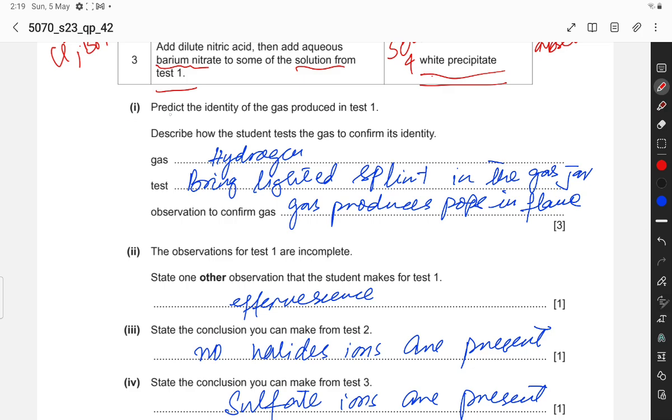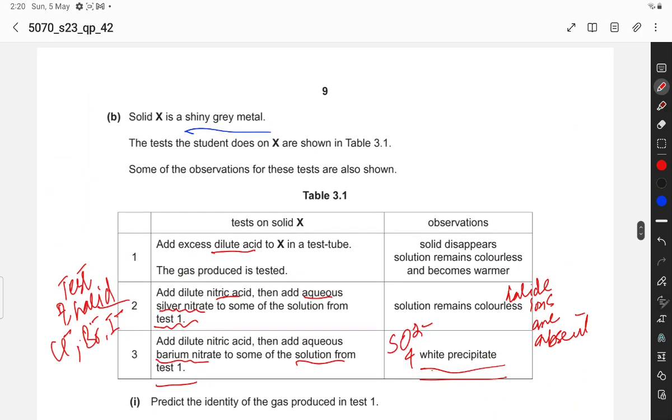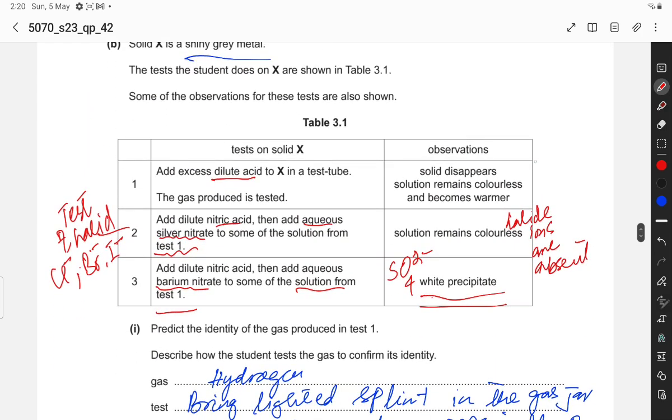Part 1, predict the identity of the gas produced in test 1. Describe how the student tests the gas to confirm its identity. Hydrogen gas. This is a redox reaction, and when gas is given off, the reaction is exothermic, so the colorless solution becomes warmer.